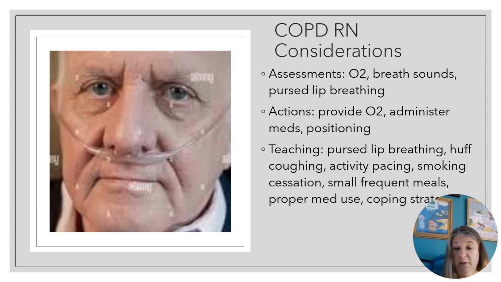We can't exchange O2 if our CO2 is taking up the space. But what happens is you end up with an overdilution of oxygen in the blood, and that goes to the brain, and the brain goes, oh, I have plenty of oxygen, I'm fine, right? And so the brain then thinks it's not in a hypoxic state anymore. And so it can shut off the drive to breathe, which is super crazy.